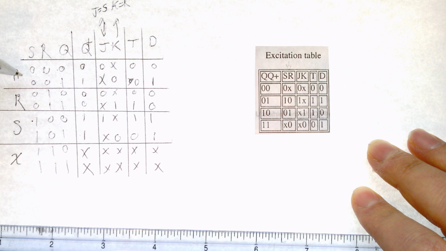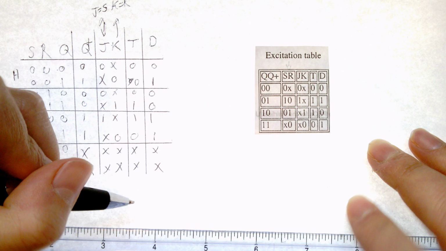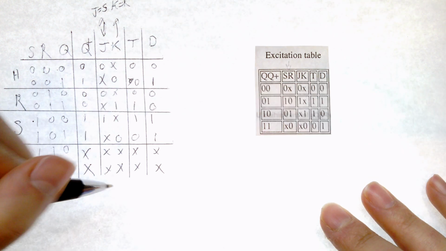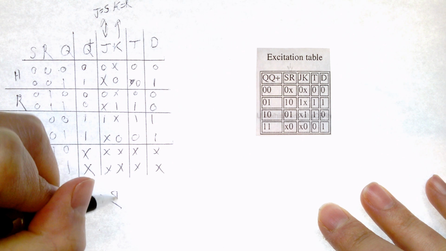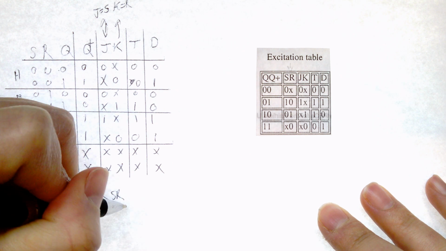What about T? Well, if we take a look at T, it looks like we might need to formulate some kind of a K-map. So for that K-map, the inputs will be S and R with Q on the side.